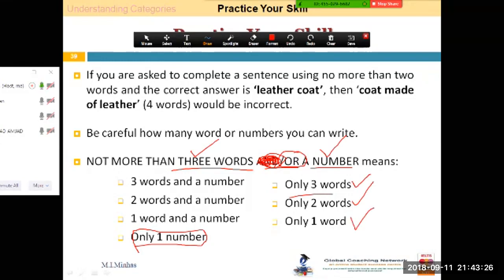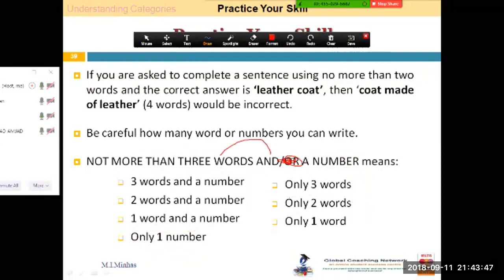So when or is in between, either you write only a number, or maximum 3 words, or 2 words, or 1 word. Then ignore all this, and now forget about or here, and think of 3 words and a number.